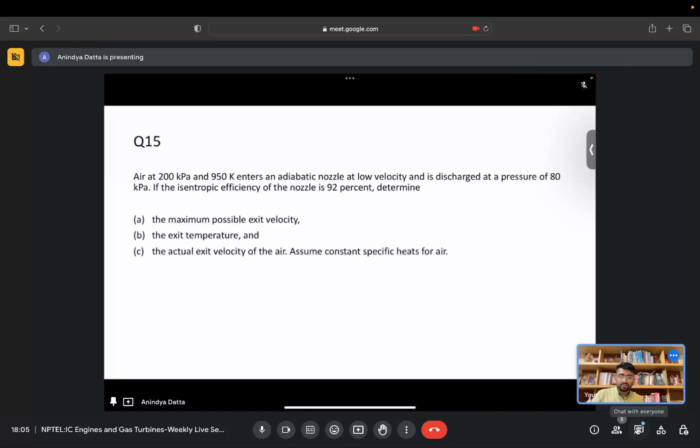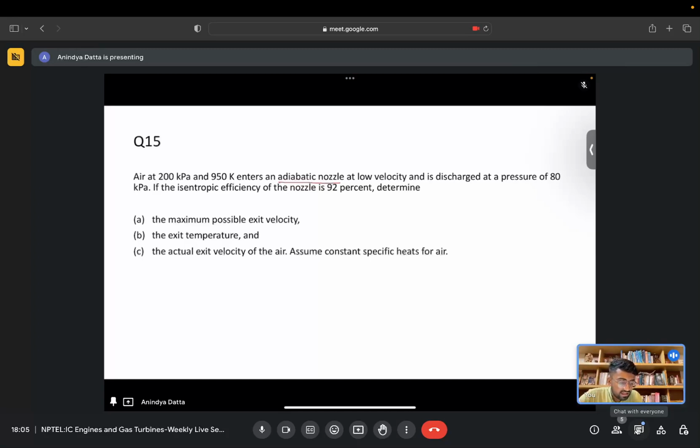So question 15, these are numericals on nozzles to illustrate the idea of nozzle isentropic efficiency. So let's look at this. Air at 250 kPa and 950 Kelvin enters an adiabatic nozzle. Adiabatic nozzle means there is no heat loss, and in a nozzle there is no work input or output, which means our stagnation temperature or stagnation enthalpy will be constant.